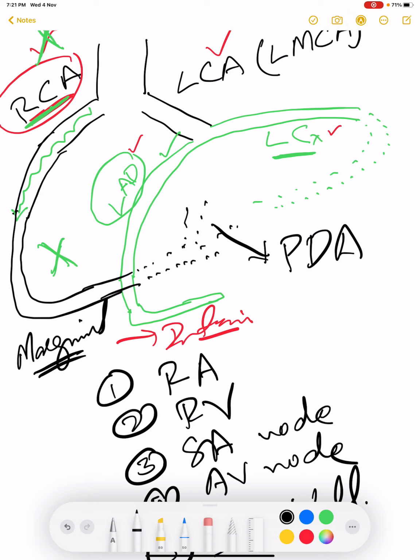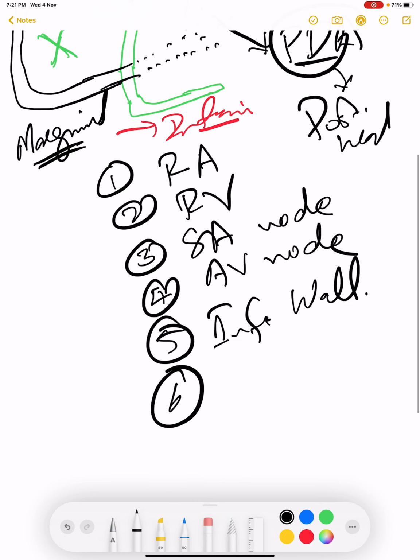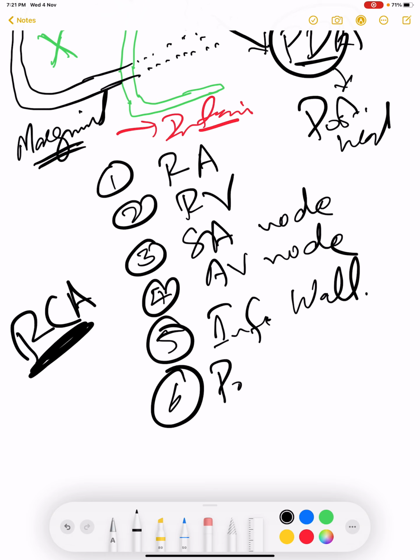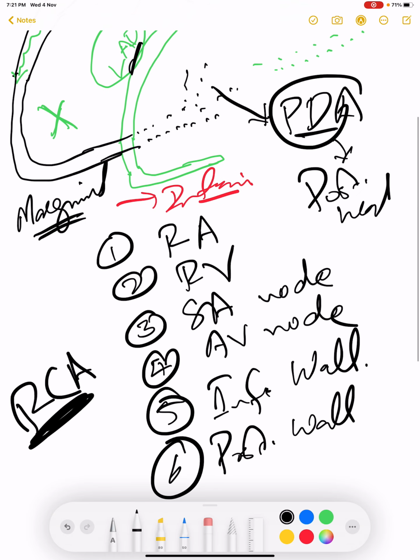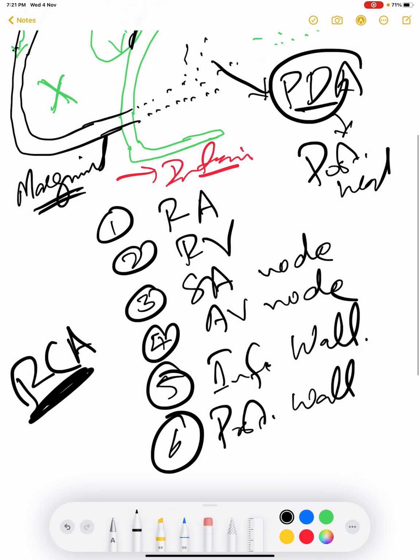Just like the anterior descending artery, there is a posterior descending artery, and it supplies the posterior wall. So the sixth structure which is supplied by the right coronary artery will be the posterior wall. You get my point? So these are the six structures at least which are supplied by the right coronary artery.